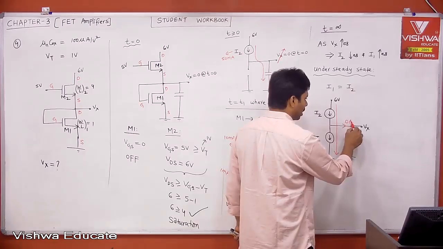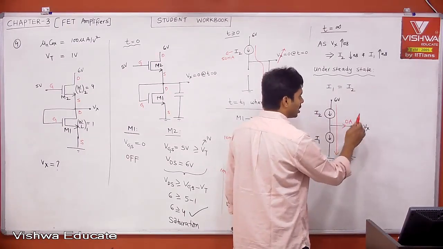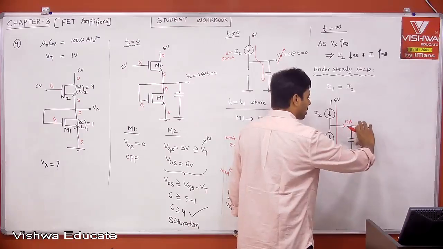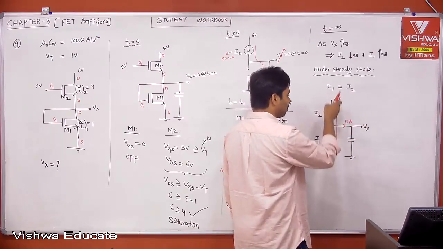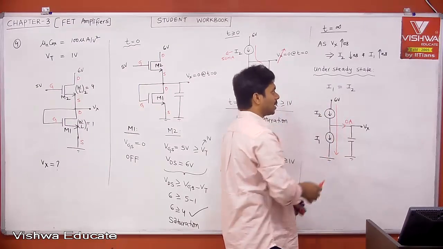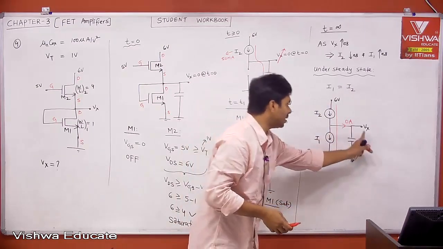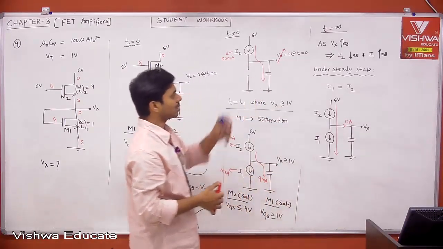Therefore 0 ampere. There is no current entering the capacitor. If there is no current entering the capacitor, the voltage across the capacitor, Vx, is constant. But there is a current flowing through both the MOSFETs, from 6 volts to 0 volt, and I1 is equal to I2. Now we need to calculate for what Vx you will get the equilibrium state or steady state.